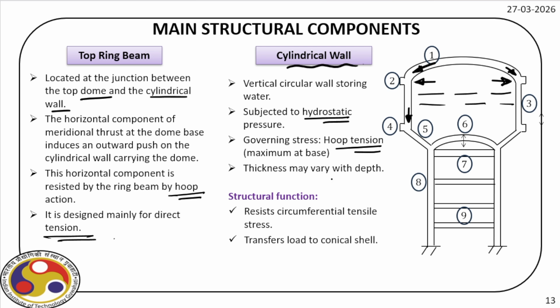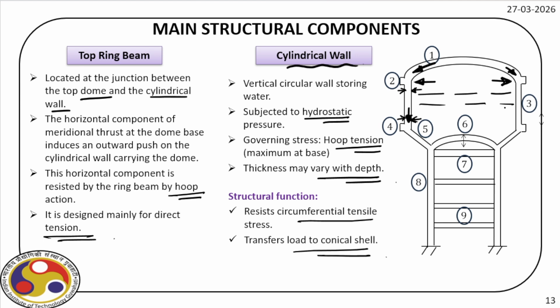Now thickness may vary with depth because at the top the requirement of the thickness is less compared to that at the bottom. But for an efficient construction, we can provide the same thickness. So the structural function is to resist the circumferential tension and then transfer the load to the conical shell.